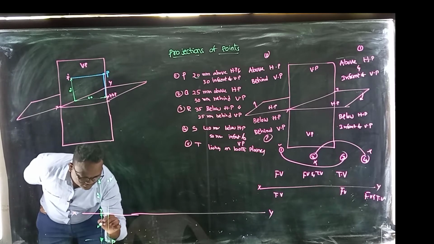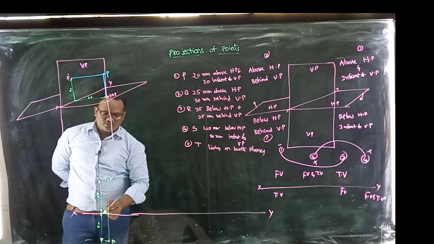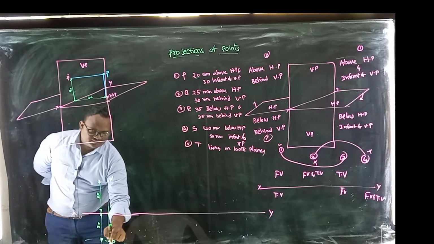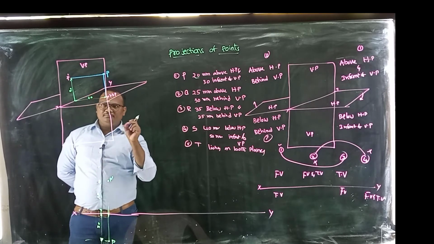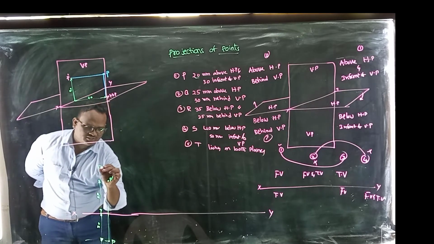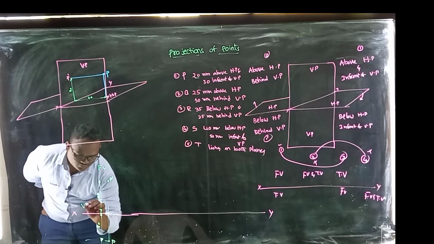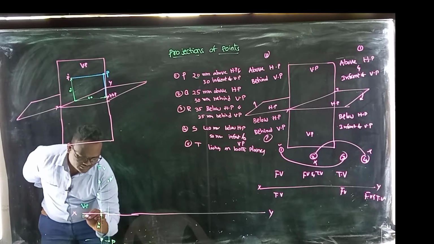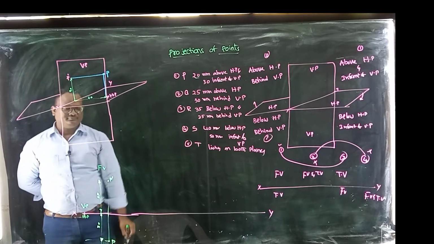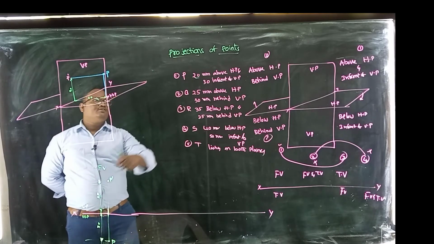So this is 30 mm. This is the front view, and this is the top view of point P. This is the vertical plane, and this is the HP after tilting. So this is the answer for the first bit.